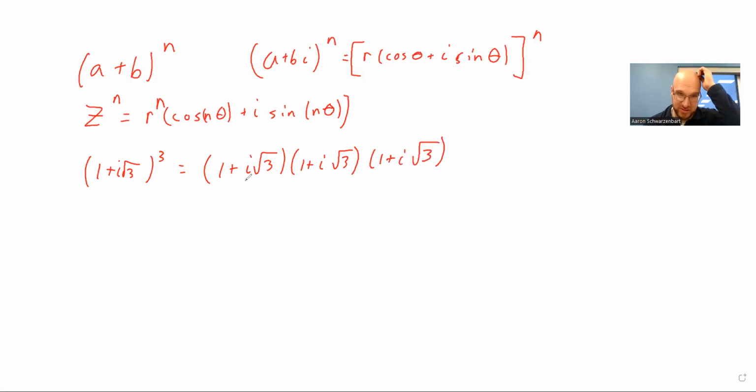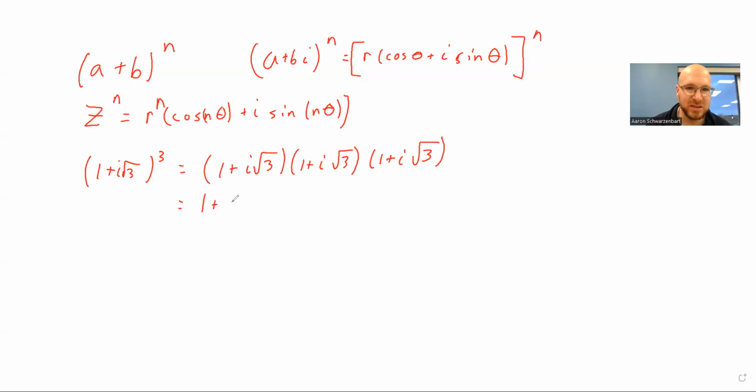I'd FOIL the first two, and then multiply by the third. But instead I'm going to convert to polar form and use DeMoivre's theorem. For a third, it's not that bad. For a fourth, it's not really that bad. For an eighth, it's pretty bad. For a 20th, it's rather bad to do by hand, one step at a time with foiling. So I guess I'll FOIL it quick here.